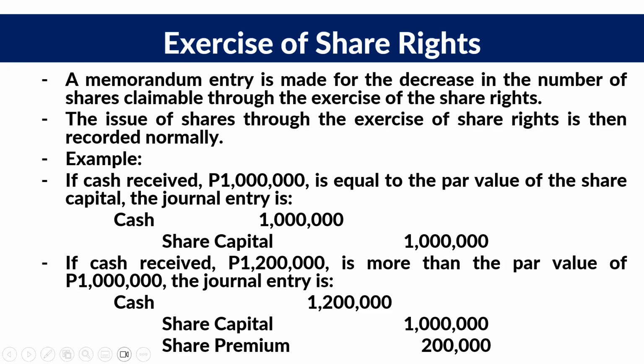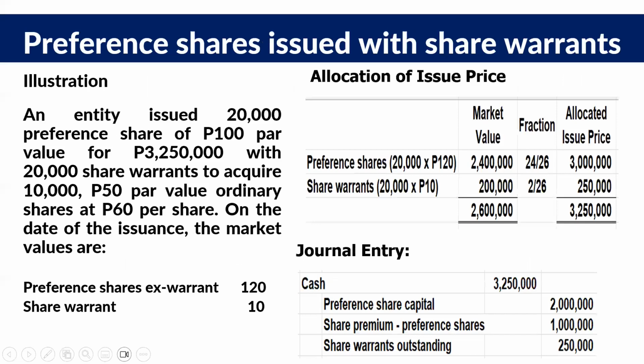So what if the cash received is 1.2 million, more than the par value of 1 million? The journal entry: as you can see here, for the share capital, what is considered as the issue price is the par value, which is 1,000. So that's it.